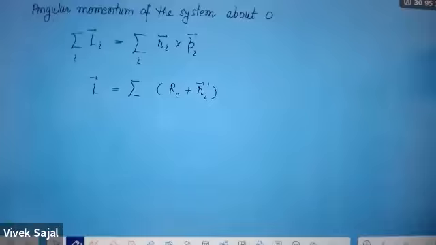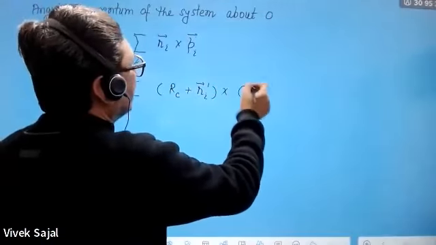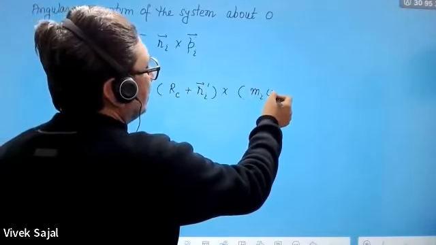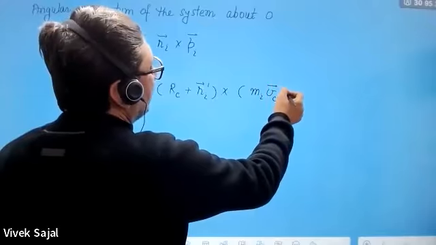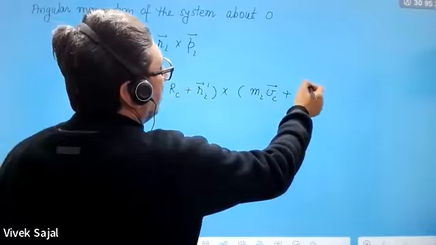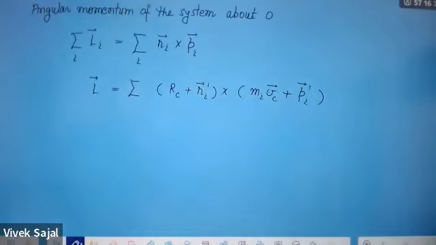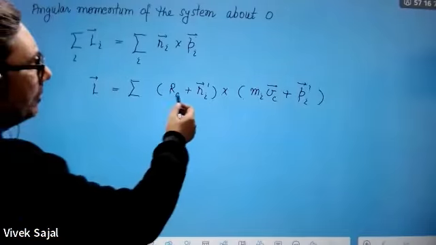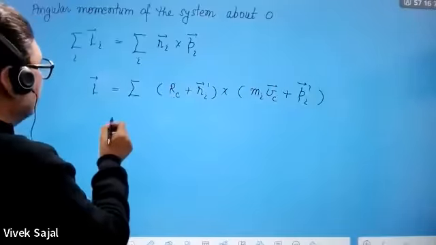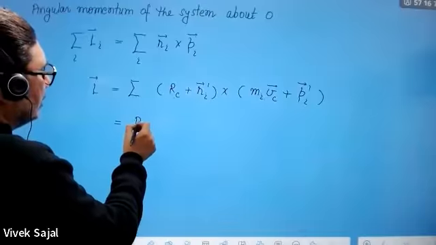Take the cross product here, with Mi Vc plus Pi prime. So now take the cross product of both sides. First Rc cross this.